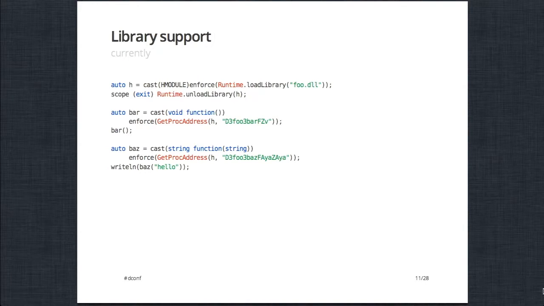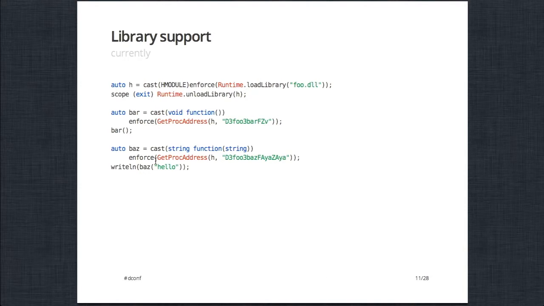If you use it on Windows, it looks like that. Can you read it actually? It looks very small. Okay. So you can load the library on Windows. You already have to cast that to an HMODULE handle. There's some scope exit to unload it.